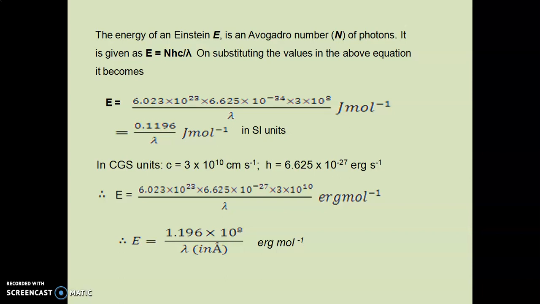On substituting these values, the value you get in the CGS system is 1.196 × 10^8 divided by the wavelength λ in angstrom units. So the value of energy you get is in ergs per mole.